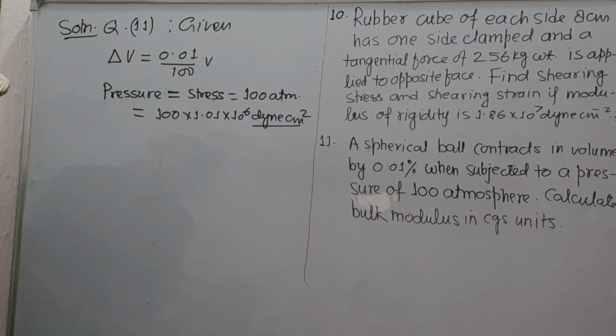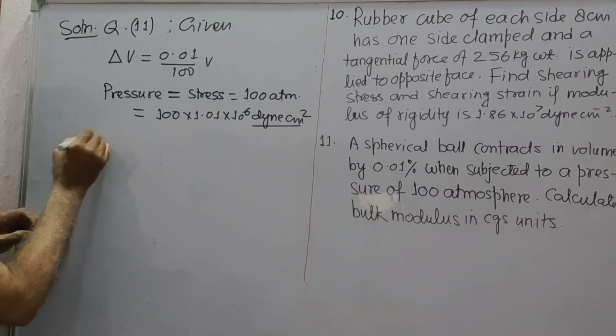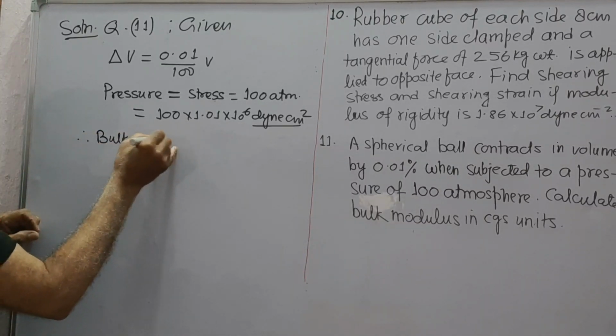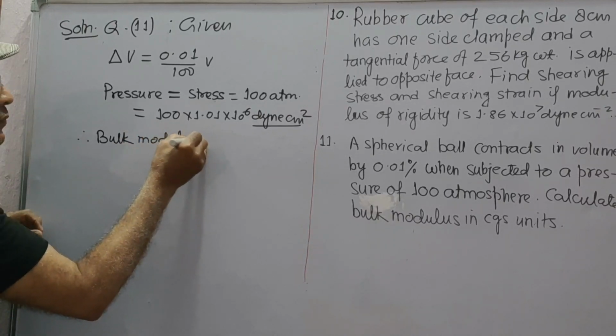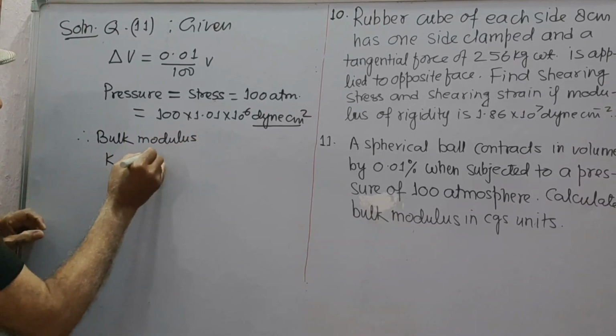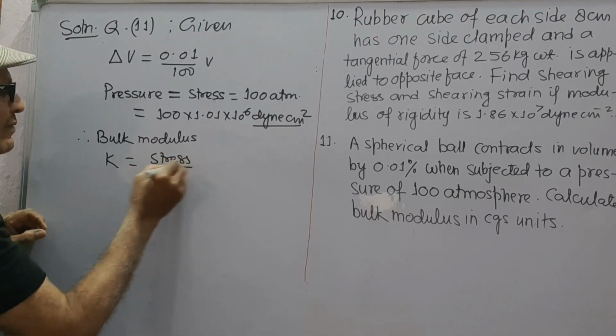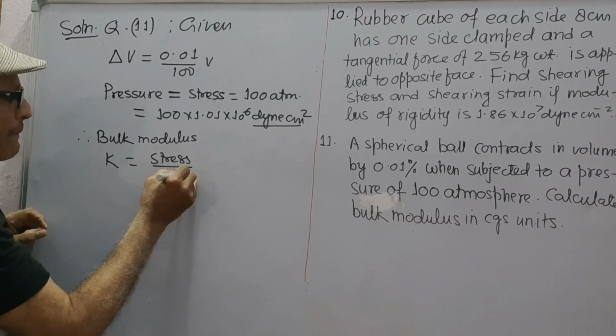So we have to find the bulk modulus. Therefore, K will be equal to stress upon volume strain.